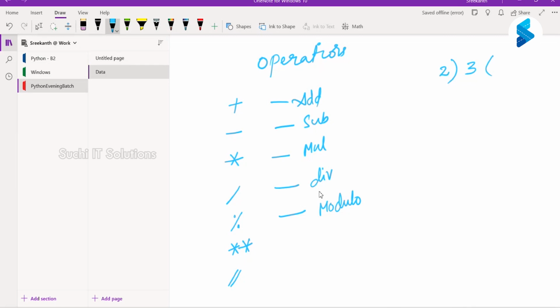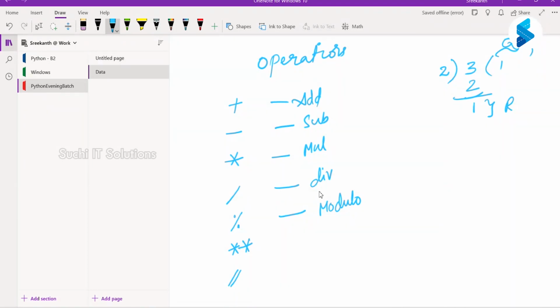If I have to divide this, 2 ones are 2, and then I have 1. So there are two values that you will be getting. One is your quotient and another one is your remainder.